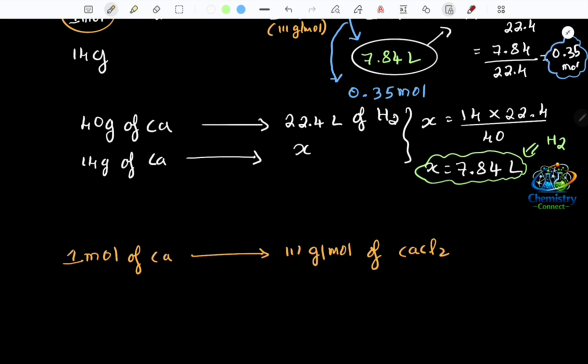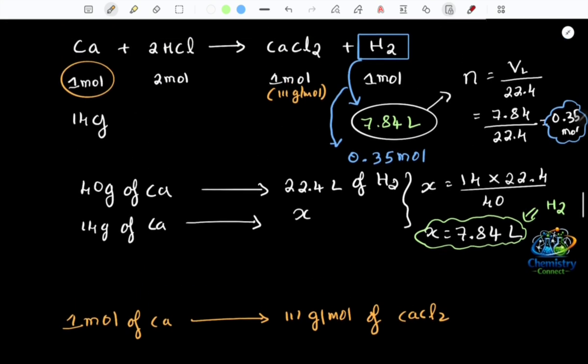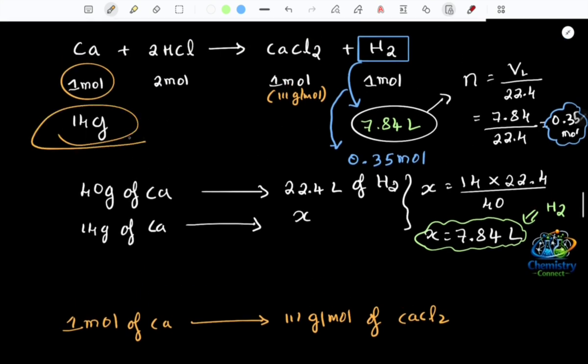Now how many grams of calcium do we have? We have 14 grams.